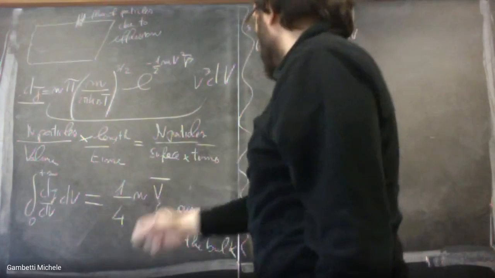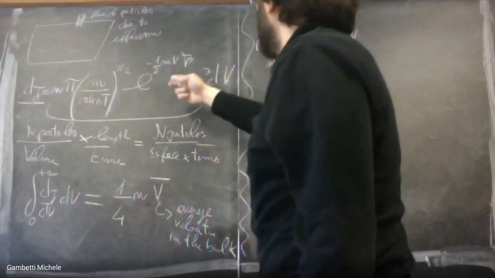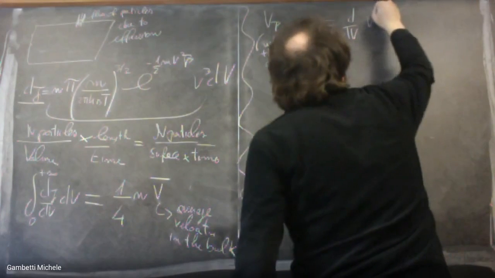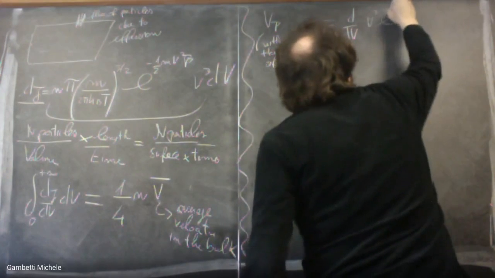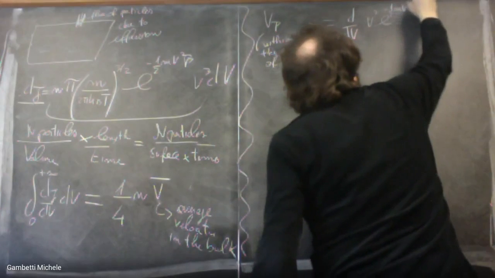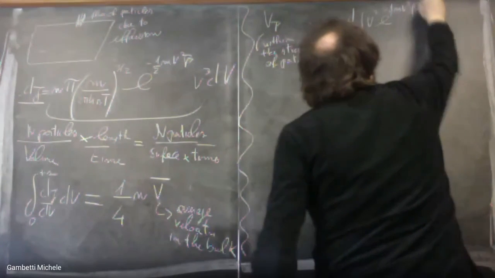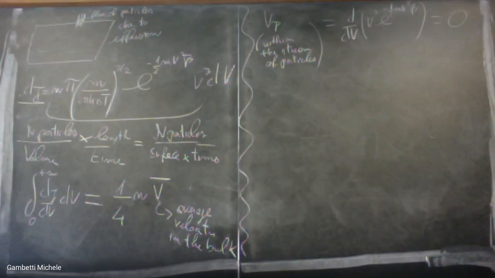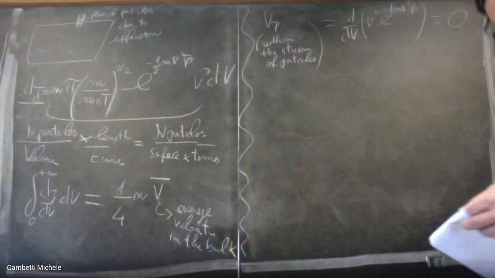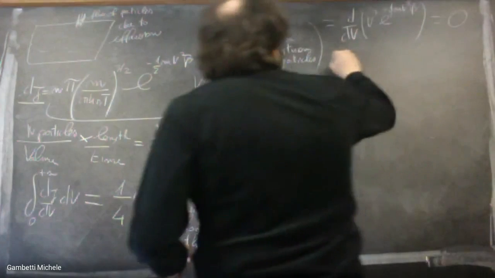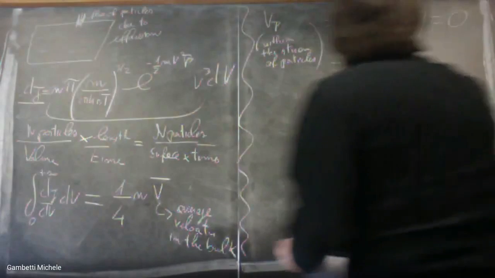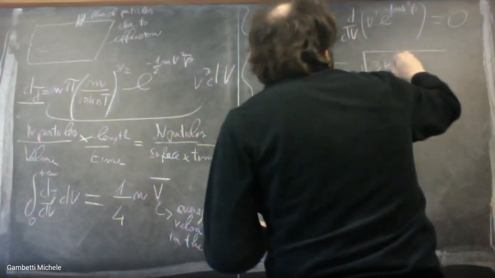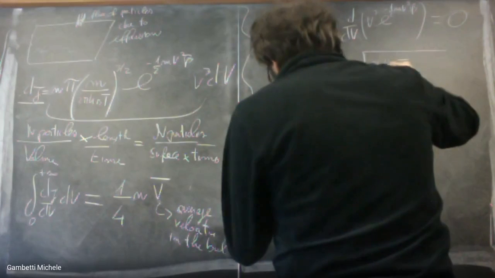I have to maximize this quantity here. So you have to do the derivative with respect to v of v squared e to the minus the usual exponential. I put this to 0, and then I can solve, and I get finally that this most probable value of the velocity is 3k_BT divided by m.